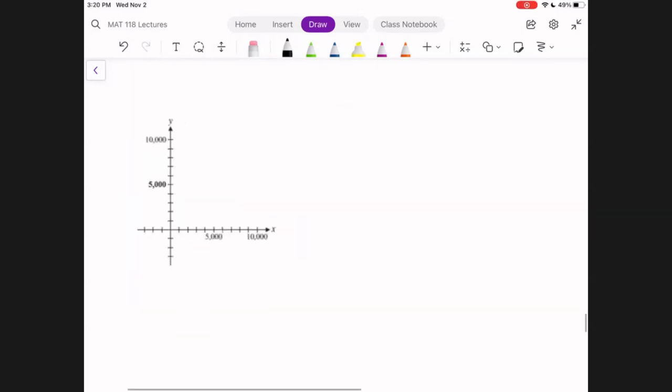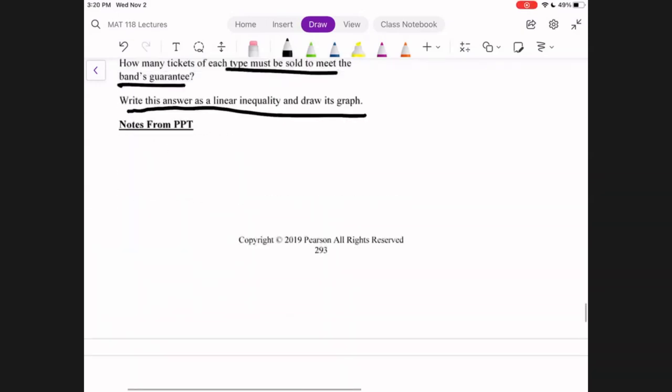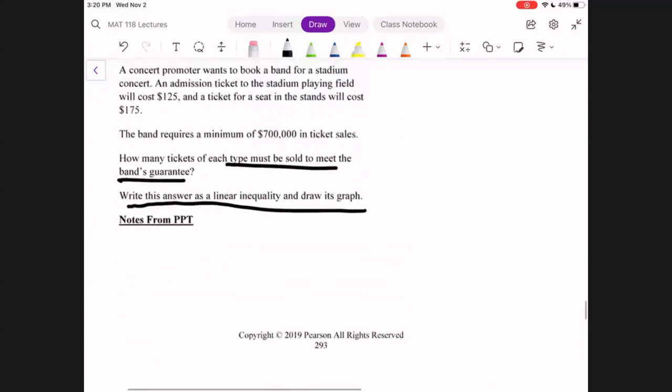Okay, so we see here we have a picture here. So what we're going to do is talk about a few things. So you'll see here the band sells either tickets for the stadium playing field or in the stands.